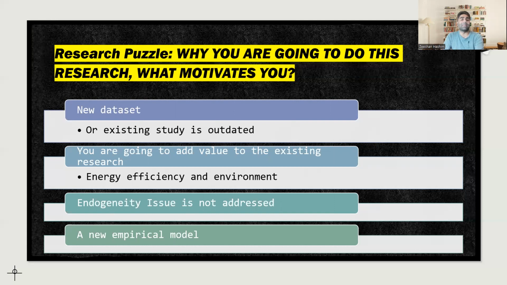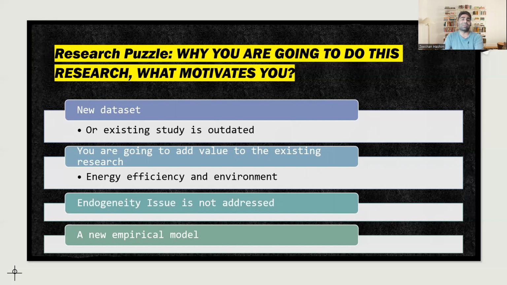For example, in your particular research question, you find that one study is available and its time period is 1990 to 2005 or 2010. You can test whether using data from 1990 to 2020 the results are the same or different.